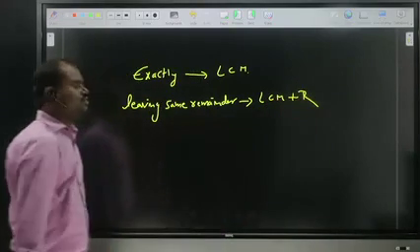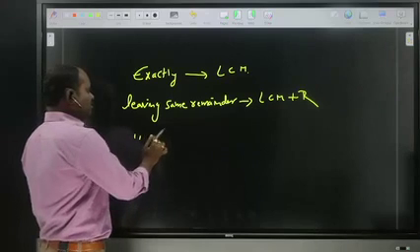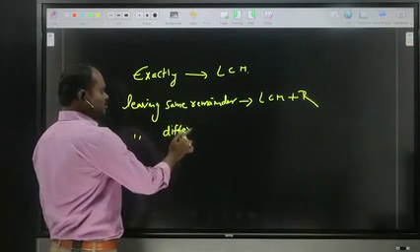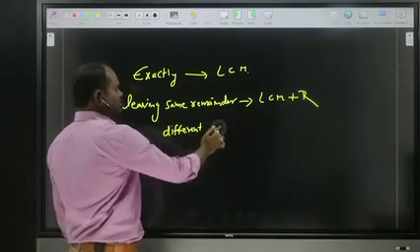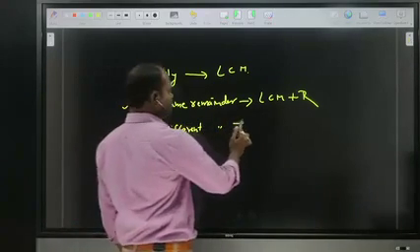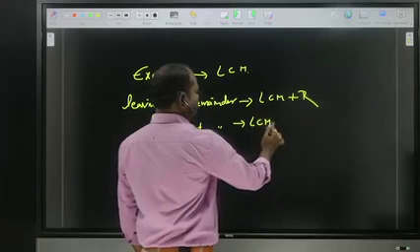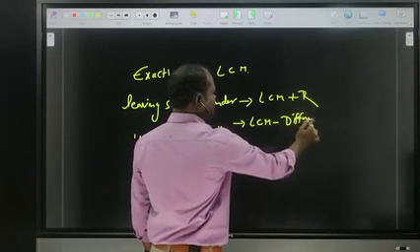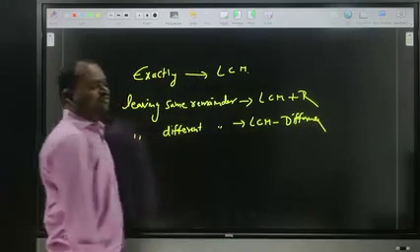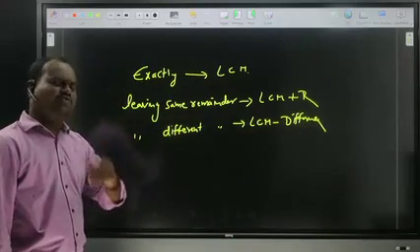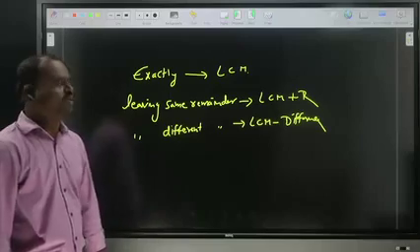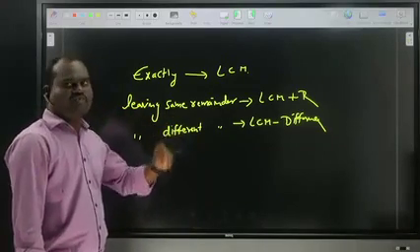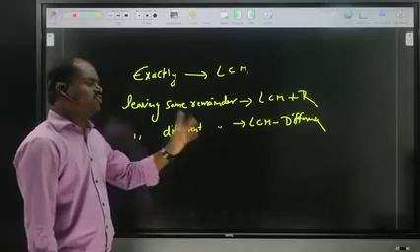Next, when leaving different remainders, LCM minus difference. Okay na? When exact, procedure or option, for every question you can move through option also. Procedure means exact means LCM, leaves same remainder means LCM plus remainder, leaves different remainders means LCM minus difference.